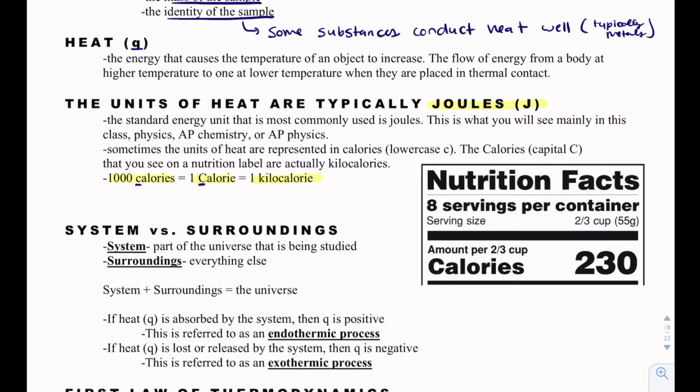The calories on nutrition labels are always a capital calorie. I believe, though I would have to look it up, 1 capital calorie is equal to 4.184 joules. It's interesting that the way we figure out the amount of calories in food is that we actually burn them and see how much heat they give off.